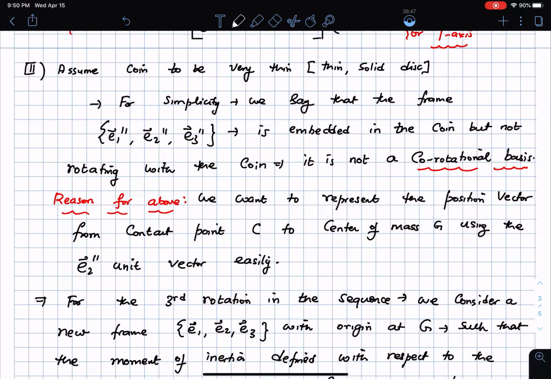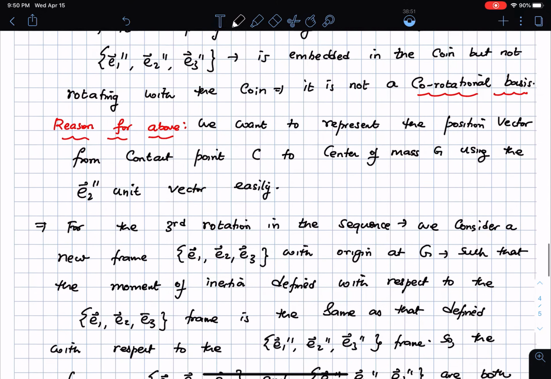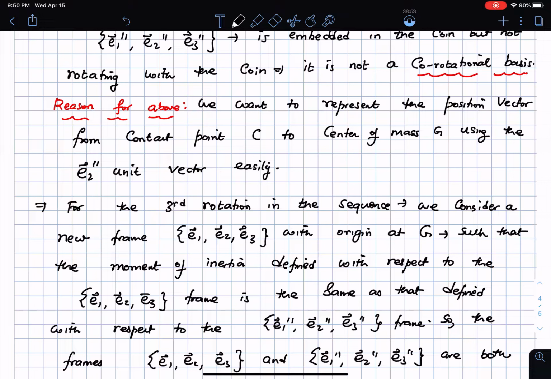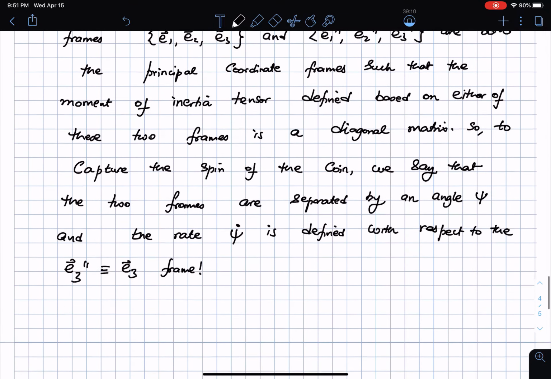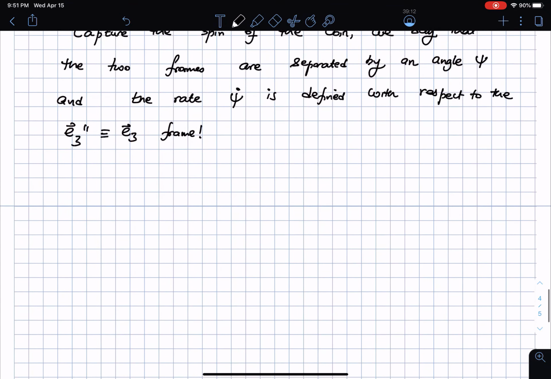Once we do that, then we say that in order to capture the spin of the coin, because the coin has to spin as well, right? The coin is having a precession rate, it has a nutation rate or a lean angle, and then it has a spin rate. And to define this, we have another coordinate frame which is having the same moment of inertia matrix as this double prime frame, but separated from it by an angle psi. Okay, and here is the situation for us. So the third sequence of rotation is about the 3 axis now.